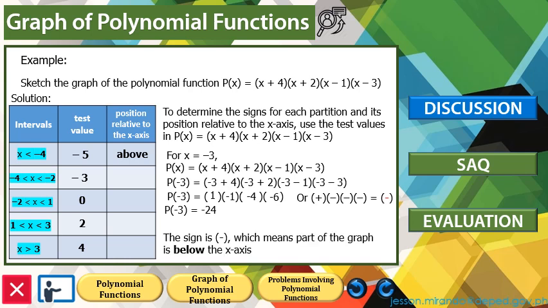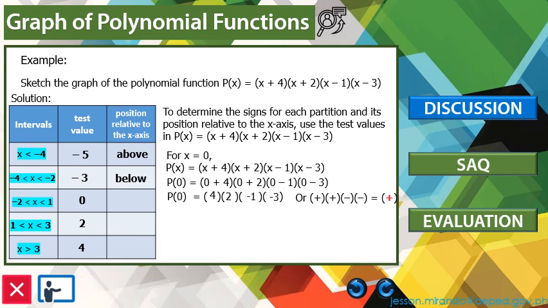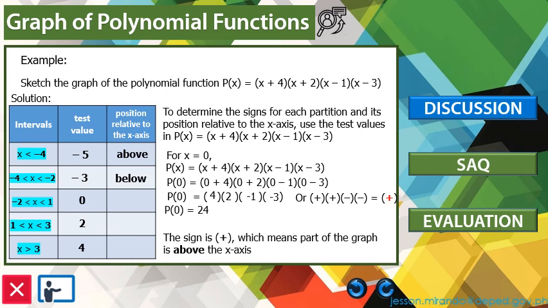The sign is negative, which means part of the graph is below the x-axis. For the test value of the third interval, x equals 0, p of 0 equals 24. The sign is positive, which means part of the graph is above the x-axis.